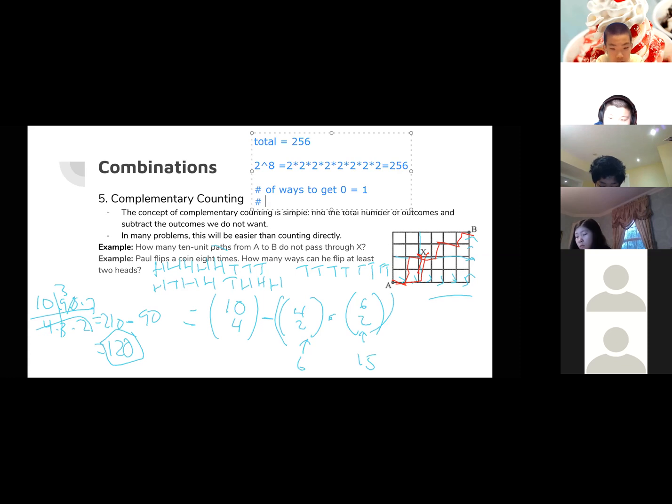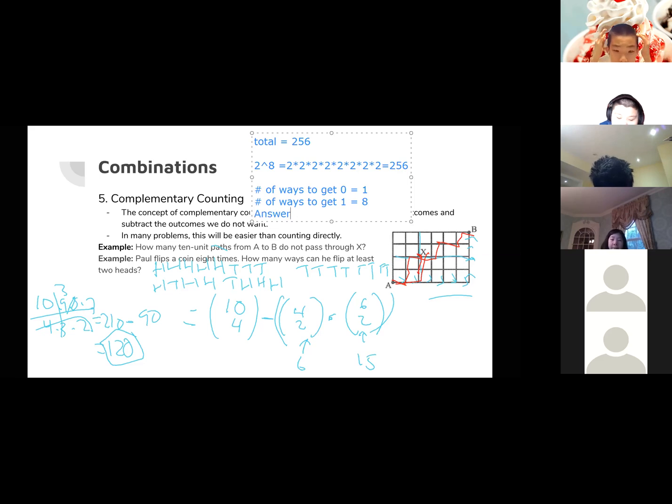The number of ways to get 1 head is simply going to be 8: if the first one is heads and the rest are tails, if the second one is heads, if the third one is heads, and so on. So our answer will just be 256 minus 8 minus 1, because you can either have less than 2 or at least 2. It's 256 minus 9, which equals 247.